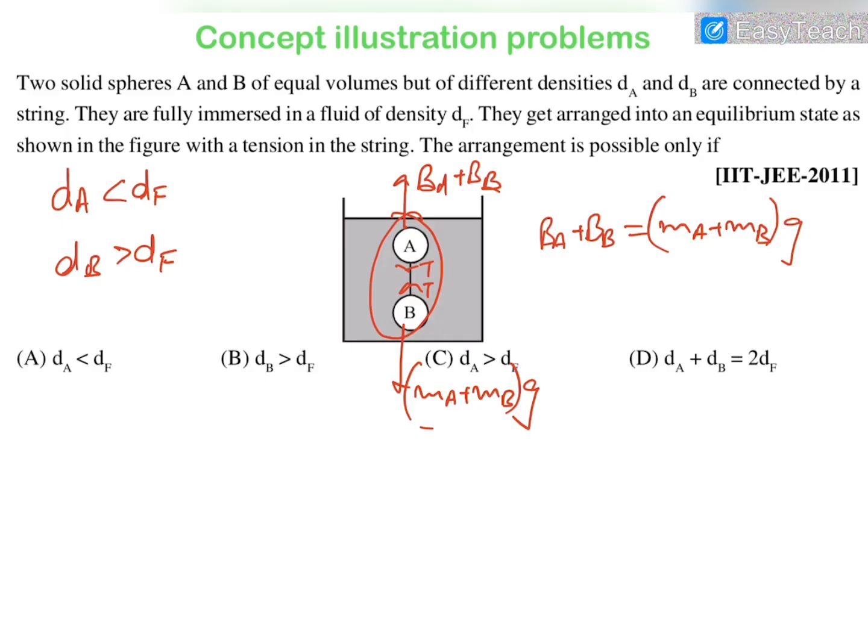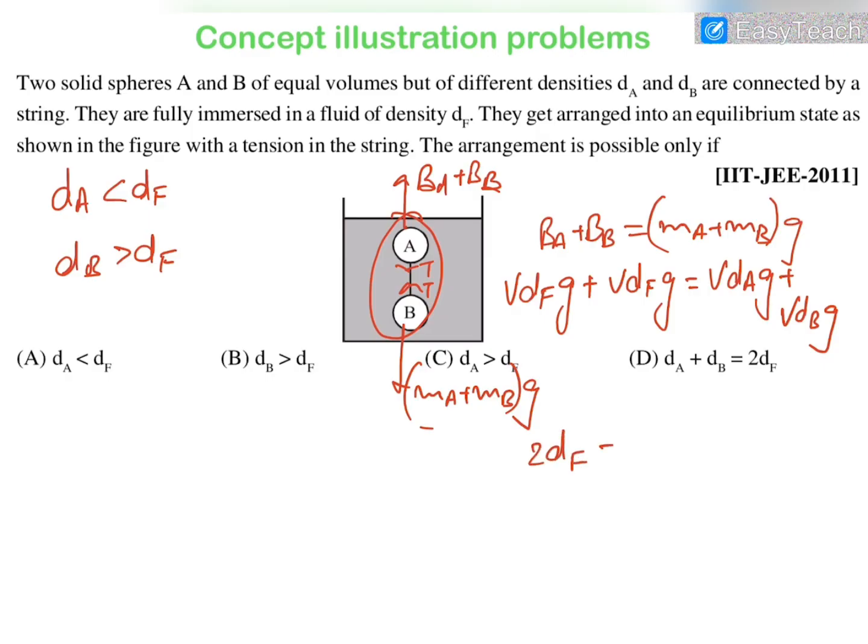Buoyancy A will be V into dF g, and buoyancy B will be V into dF g, and MA will be V into dA g, and MB will be V into dB g. So cancelling Vg, 2dF will be equal to dA plus dB. So the correct option will be option B. Now we move on to the next question.